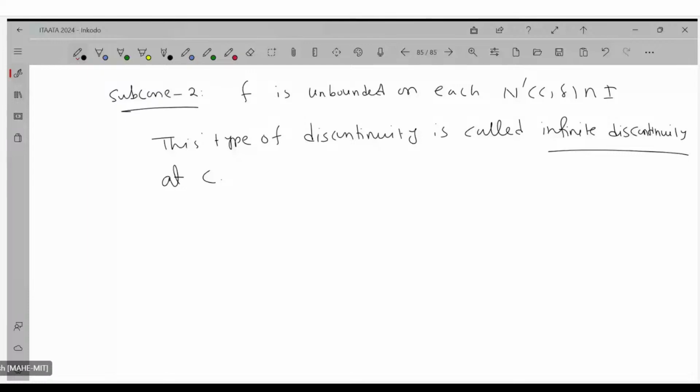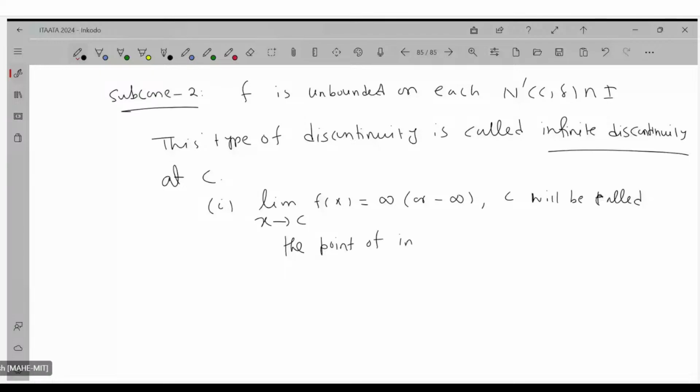One, if limit x tends to c, f(x) is infinity or minus infinity, so either it is infinity or minus infinity, we are always going to say that the function has infinite discontinuity at the point c, and it will be called the point of infinite discontinuity of f.